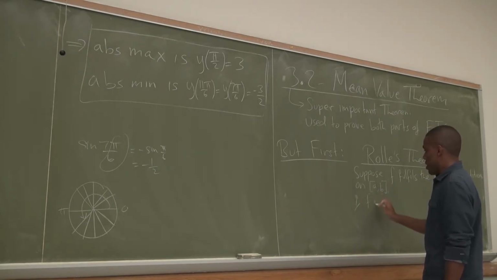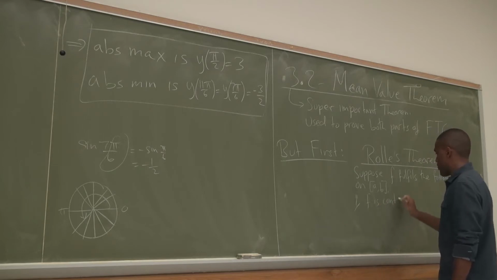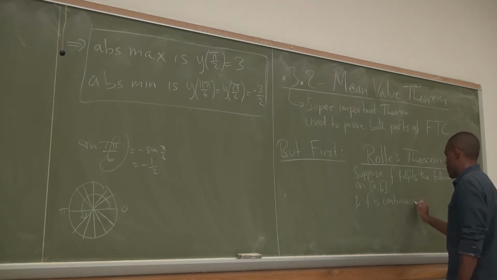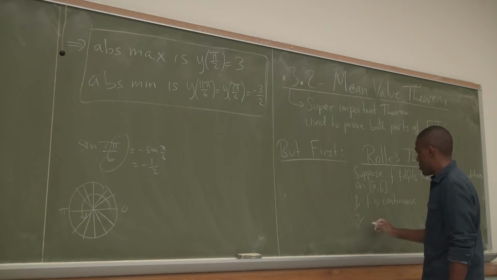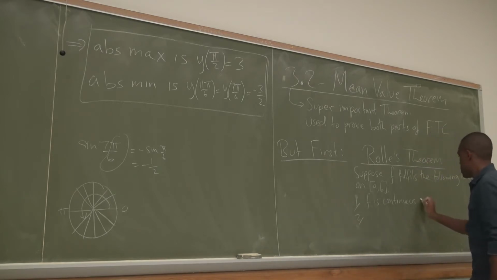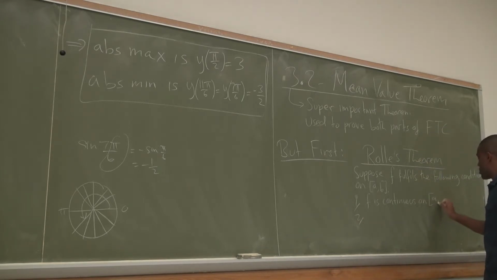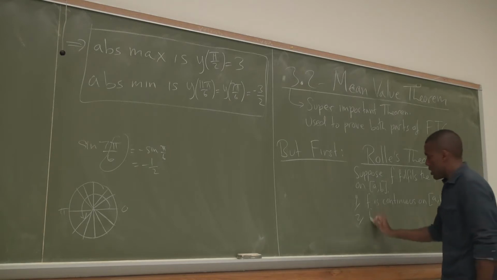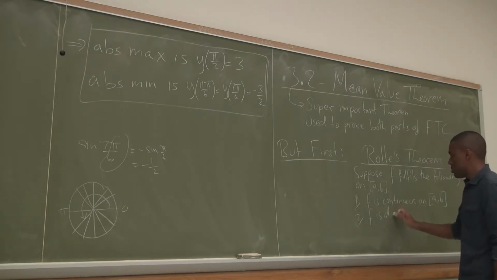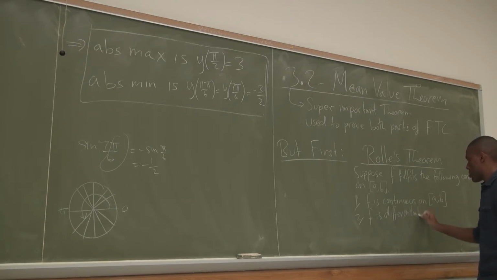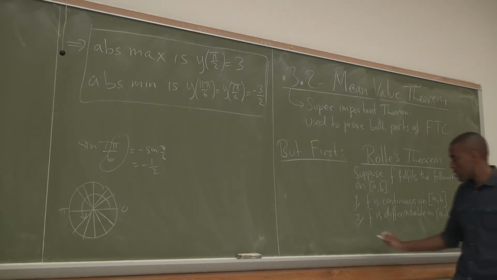One, f is continuous on the closed interval. Two, f is differentiable, meaning the derivative exists on the open interval, which means the derivative might not exist at the endpoints, we don't care.